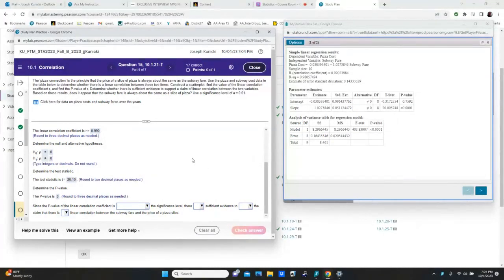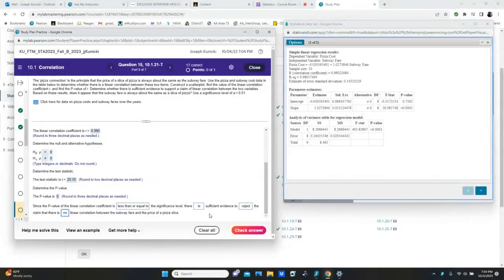So that means we've got to reject the null, and we support the fact that there is a significant positive correlation. So since the p-value is less than or equal to the significance level, that once again is p less than or equal to alpha, there is sufficient evidence to reject the claim that there's no correlation.